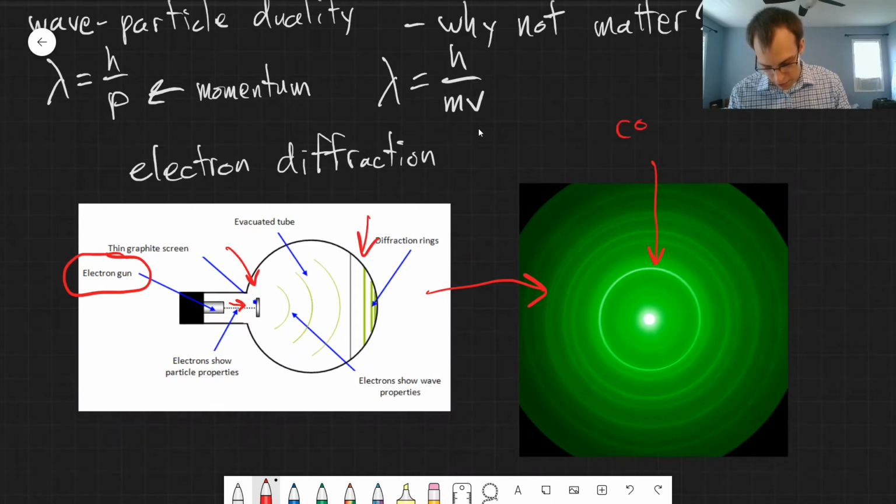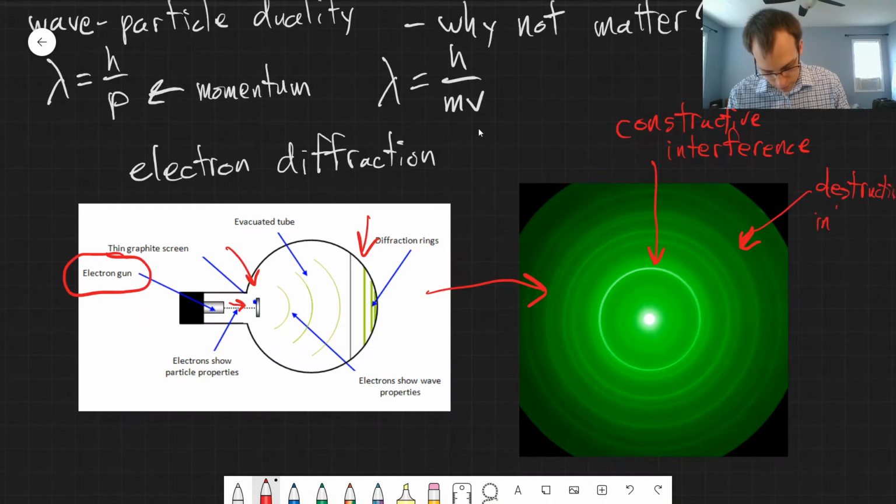That's constructive interference of the waves of the electron. And we see areas where it's dim, and this is destructive interference. This combination of constructive and destructive interference produces this pattern, and this pattern is related to the distance between the atoms in the graphite or whatever else we're trying to measure.